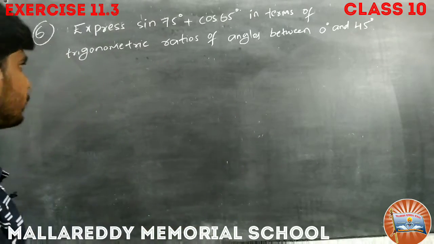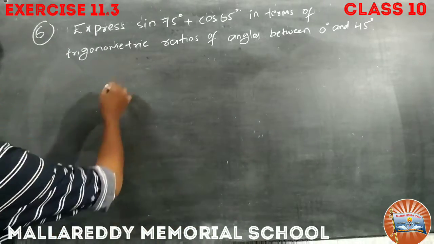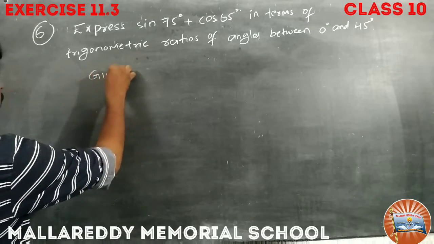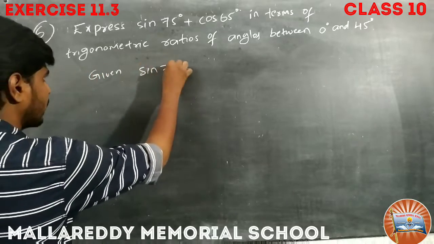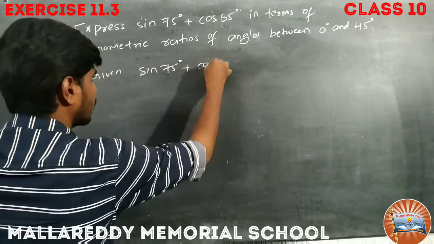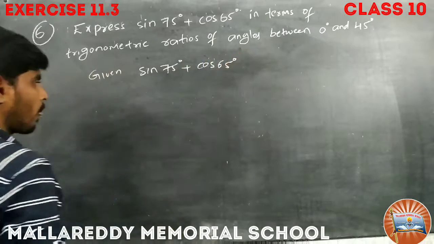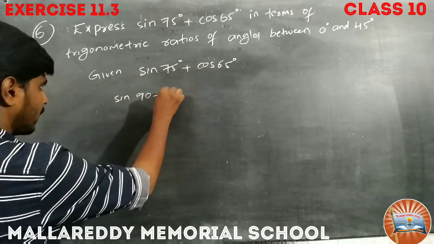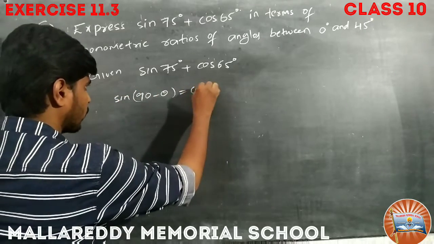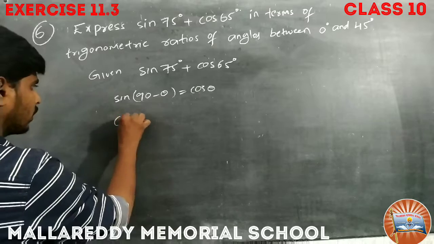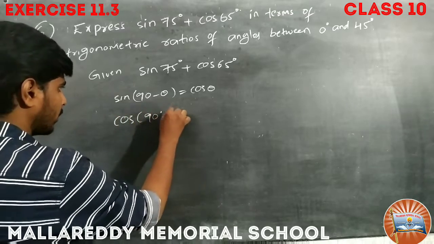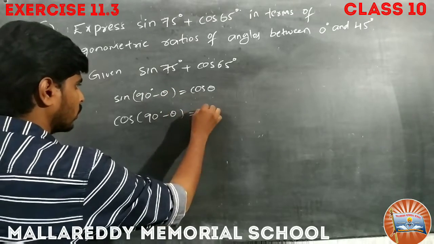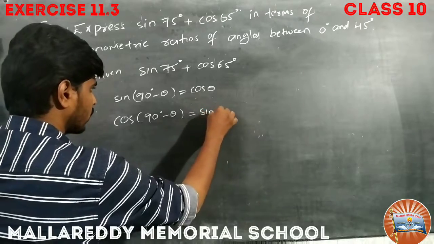Right. So given sin 75 degrees plus cos 65 degrees. We have the formula sin 90 minus theta equals cos theta, as well as cos 90 minus theta is equal to sin theta.